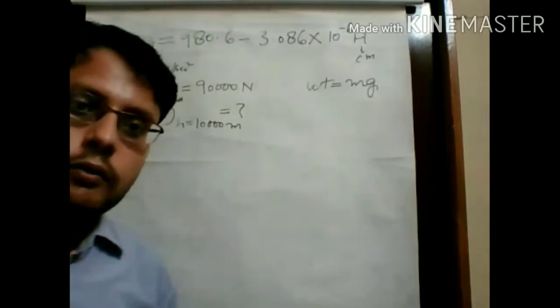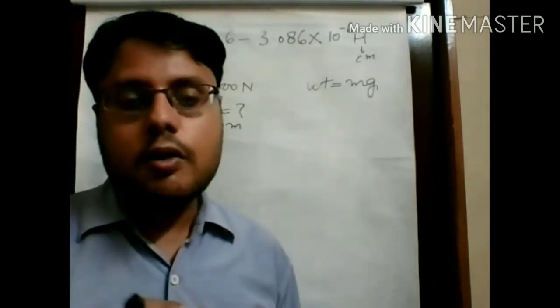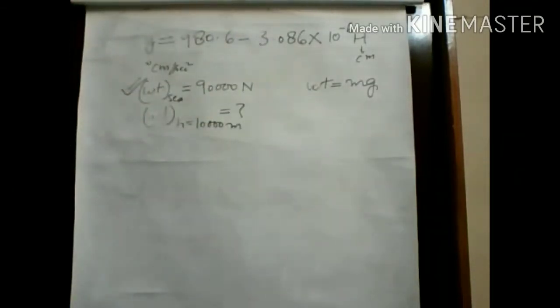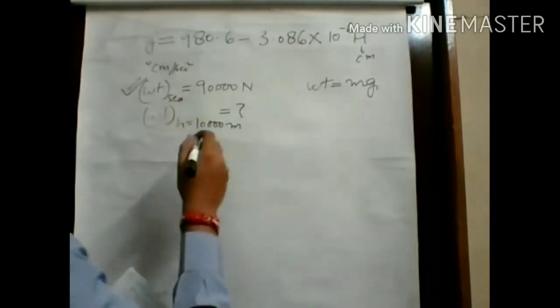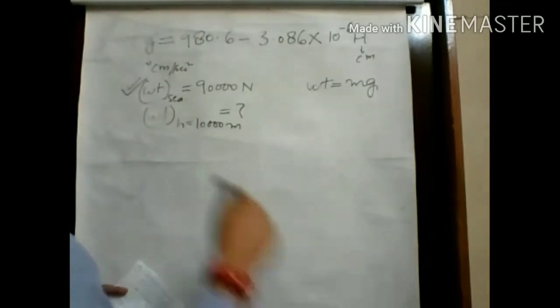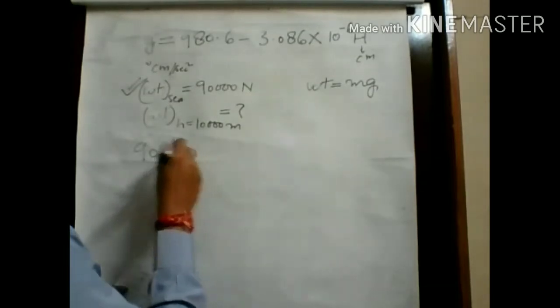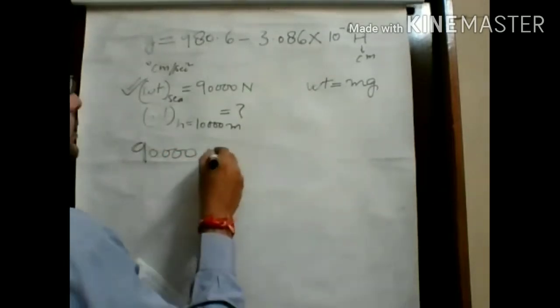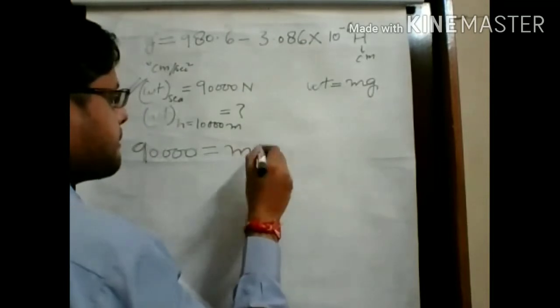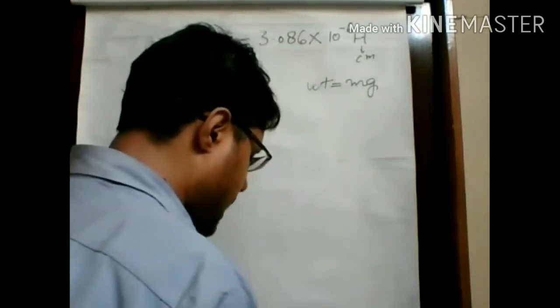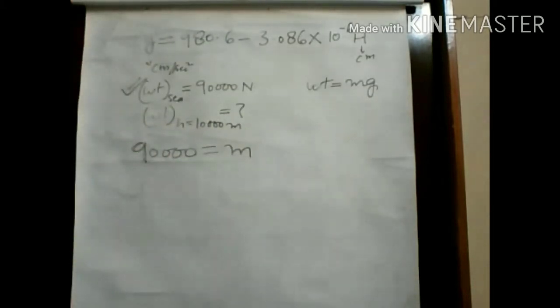Okay, so first we calculate the mass of this plane. The weight at sea level is given as 90,000, which is equal to m multiplied by g at sea level. In the problem, g at sea level is given as 9.81.